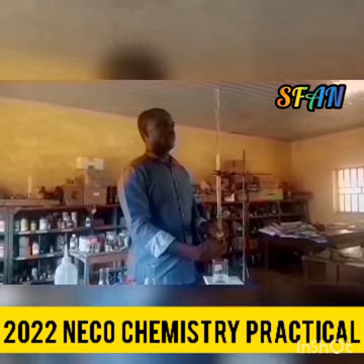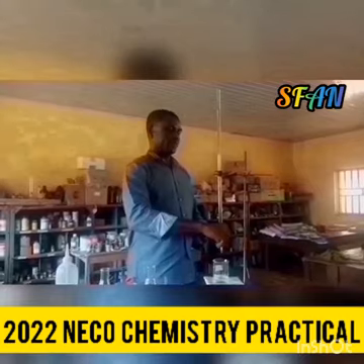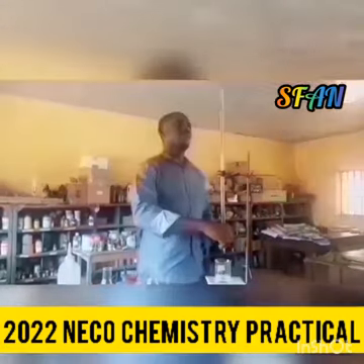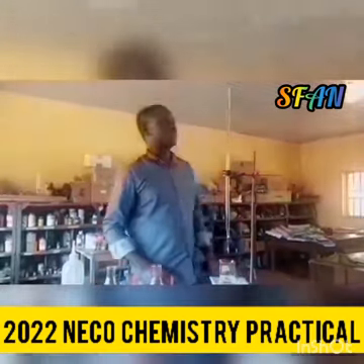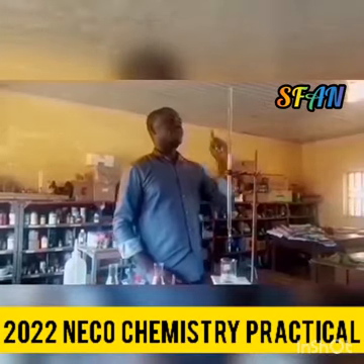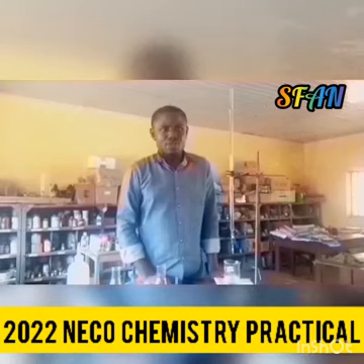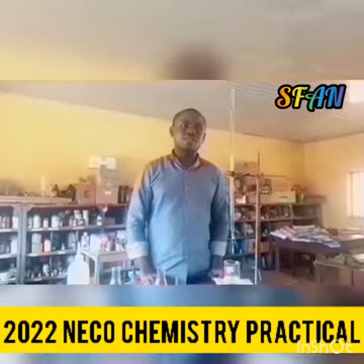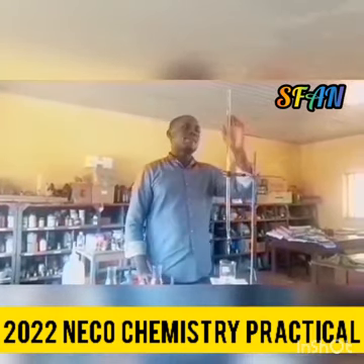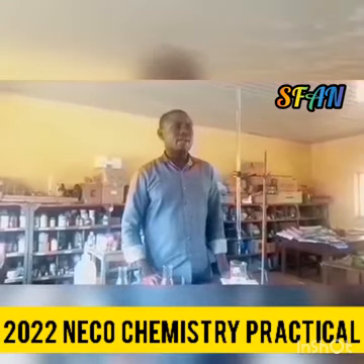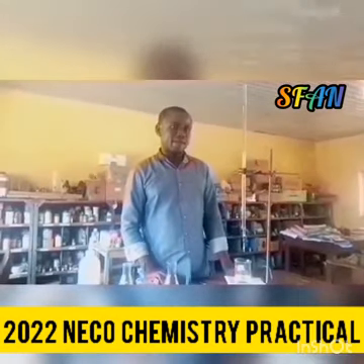So I'm beginning my titration from the 0 mark. You always take your reading from the lower meniscus. When you are taking readings from the burette, always make sure you read from the lower meniscus to avoid error due to parallax.